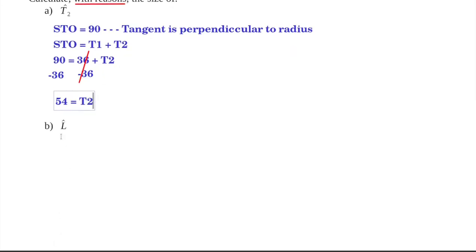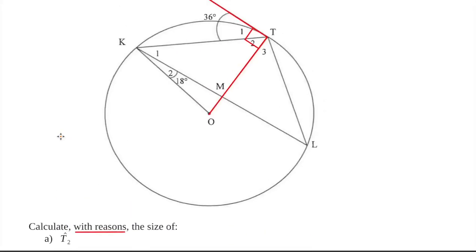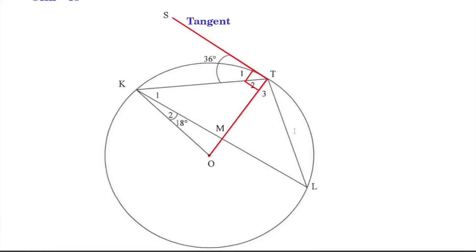Second one, you are required to find the size of angle L. Now this is L here. Let me remove this one. Remember, this is a tangent and this is a chord, and then this chord is subtending angle L. So your angle L is actually equal to 36. What's the reason for this one?